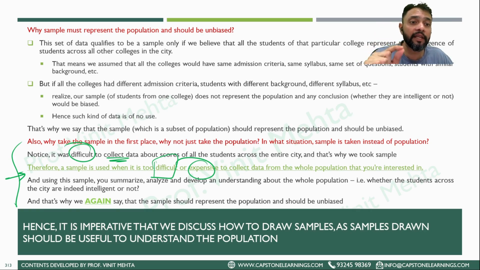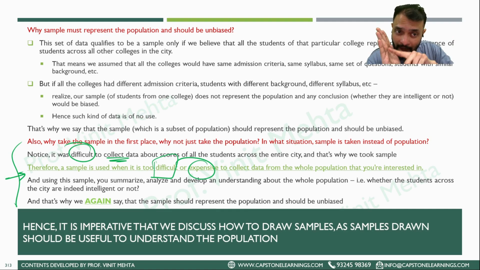So there are sampling techniques. How do you sample? How you draw the sample from the universe? And once you have the sample which is reliable, representative, and unbiased, thereafter you use the sample data to calculate sample mean. You use this sample mean to estimate the population mean because you don't have the population. You don't know the population mean.